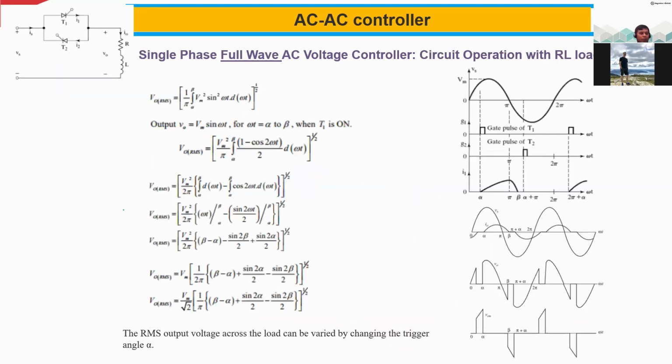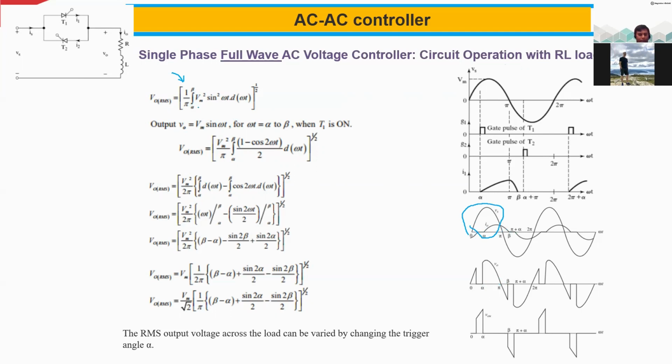And here is the formula for this RL load. For the same VO RMS, you have to apply the same formula, 1 divided by pi, because now we are going to take the average for each half cycle. So 1 divided by pi, integral from alpha to beta. Remember the limit I am applying here: it's not alpha to pi, it is alpha to beta, because I am starting the firing angle here, but the output current continues up to beta, not ending here.